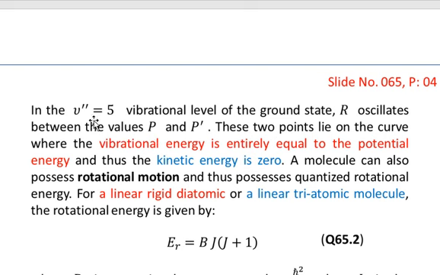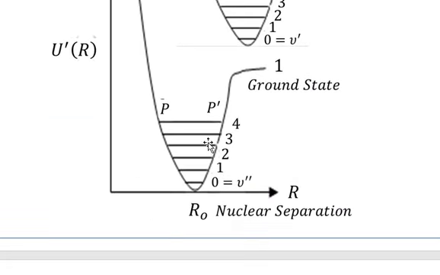The vibrational levels of the ground state corresponding to V double prime equal to 5 oscillate between the values P and P prime. I have shown P and P prime, so this level corresponds to V double prime equal to 5, and the molecule will oscillate between P and P prime.